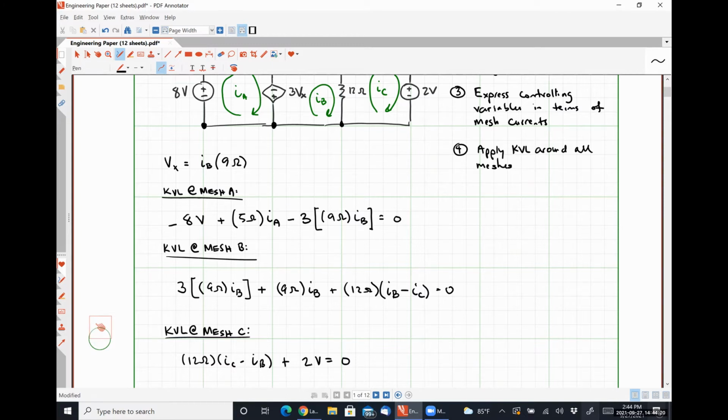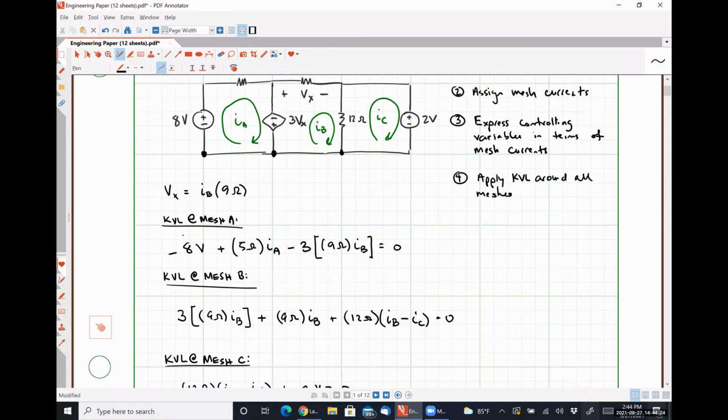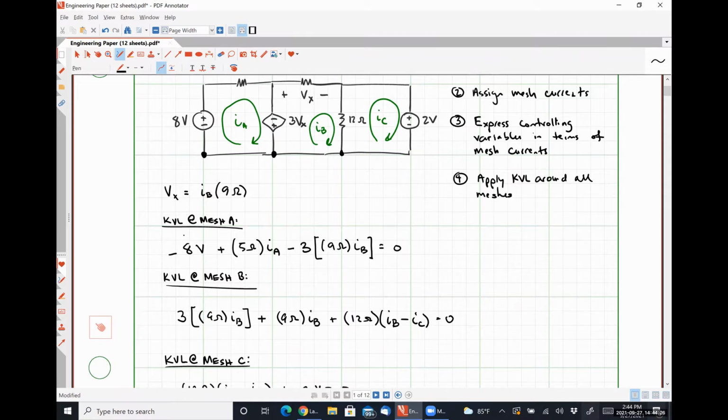So your question was if Vx, oh, let me get closer so I can hear you better. Well, 3Vx will never be a resistor. Okay, so if that wasn't the voltage source, absolutely.